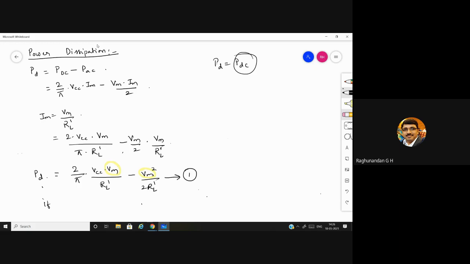See, if the input signal is 0, then the power dissipation will not be maximum. The power dissipation will be 0.